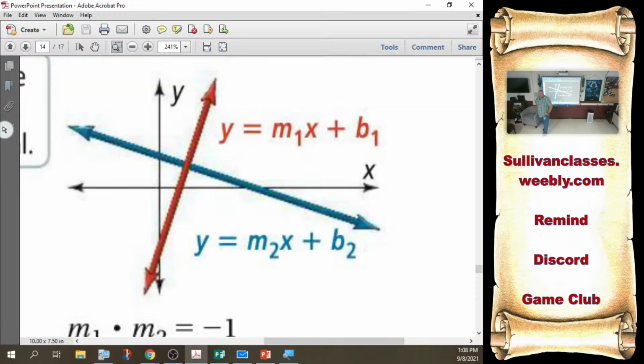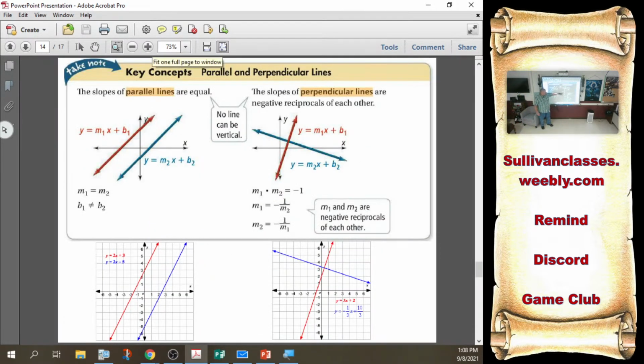Okay. Versus perpendicular. 90 degrees. Now we know that they cross at 90 degrees. That's usually what folks remember. But do you remember how to get the perpendicular slopes? I would like you to write on here negative reciprocals.